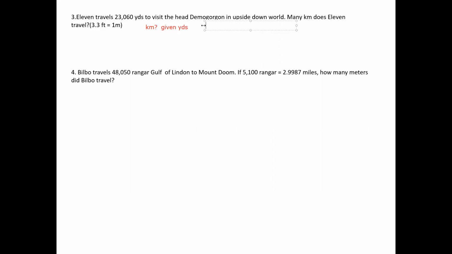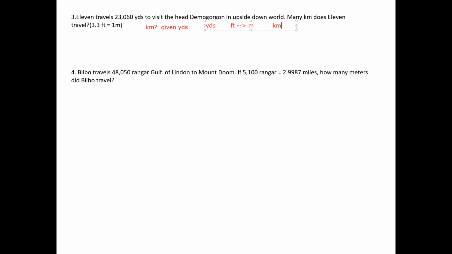So we're starting with yards. Somehow we need to cross from English to metric. And we need to finally get to kilometers. So this is kind of a rough draft of how we're going to do it. So we know that to go from English to metric, we've got to go from feet to meters.